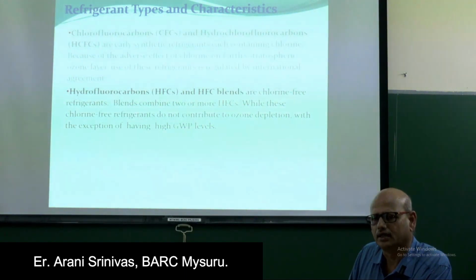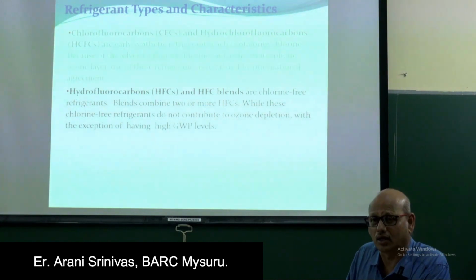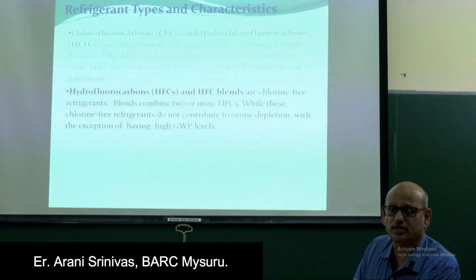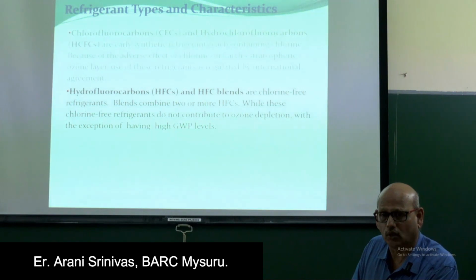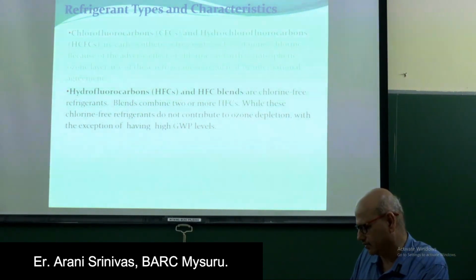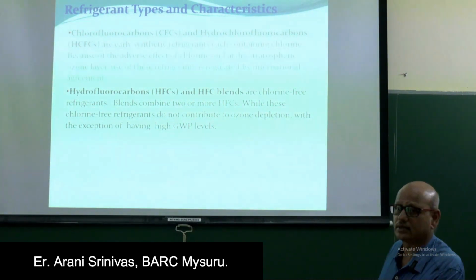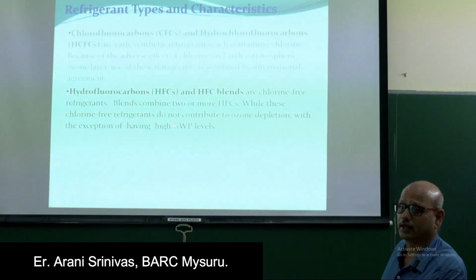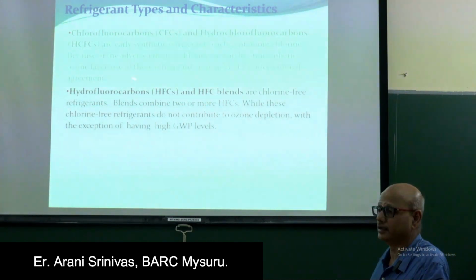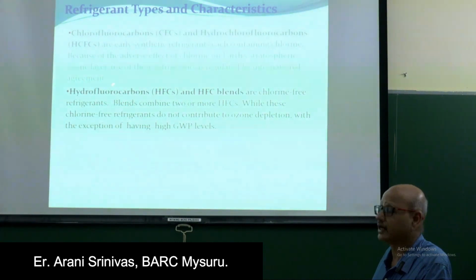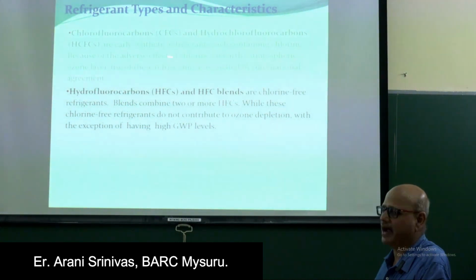The ozone layer is a very critical layer which does not allow the ultraviolet rays from the sun, so UV rays were controlled. When these leaked gases started creating depletion of ozone, CFCs were banned.